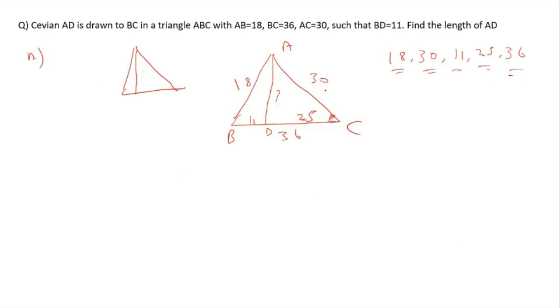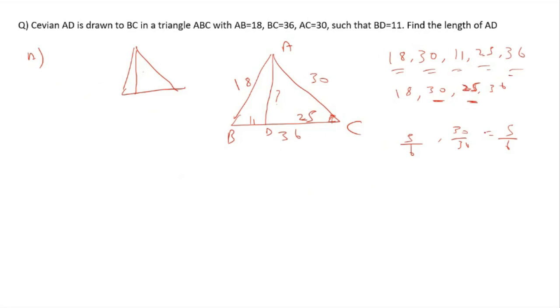Now, if you observe something, 18, 30, 25, 36, this 30 and this 25 have a ratio of 5:6. Similarly, between 30 and 36, there's a ratio of 5:6.